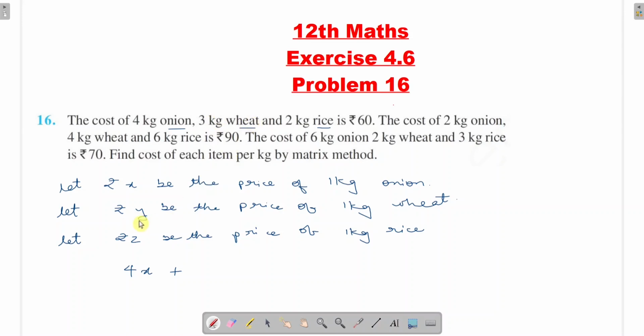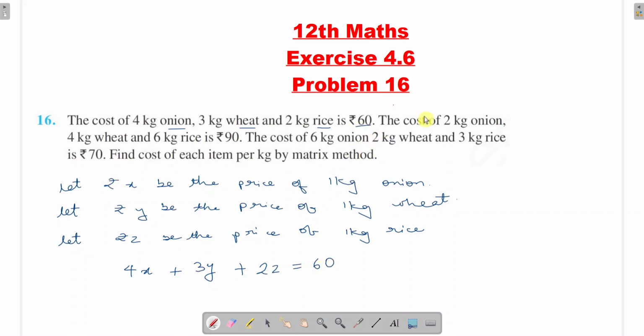Price of 1 kg wheat is y, so the price of 3 kg wheat will be 3y, plus 2 kg rice. So the price of 2 kg rice will be 2z, and the total price is given as 60.